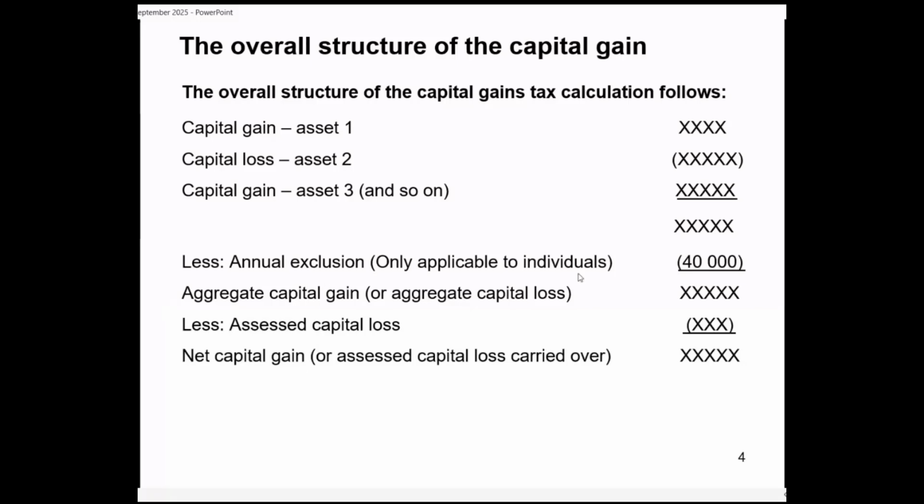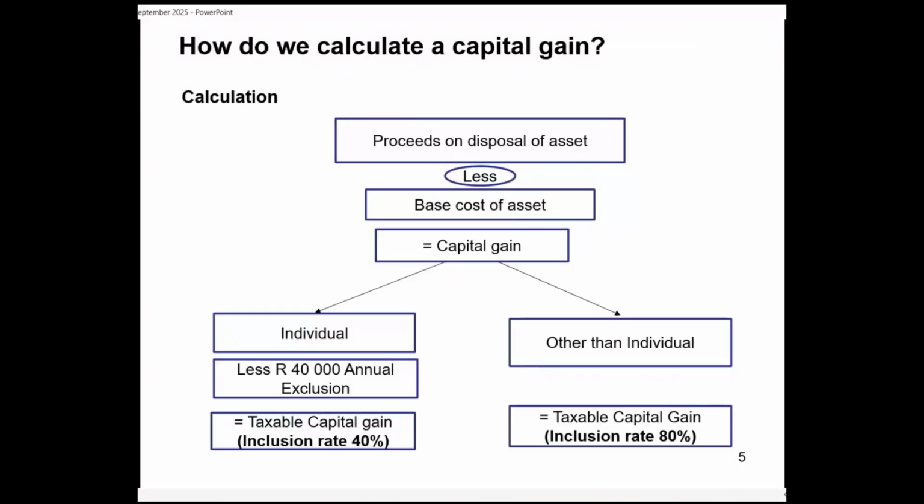Remember that the annual exclusion of 40,000 is only applicable to individuals. Then you get to the aggregate capital gain or aggregate capital loss, less the assessed capital loss that was realized previously, and then the net capital gain or assessed capital loss carried over. We'll do examples, and you will see how the structure works.